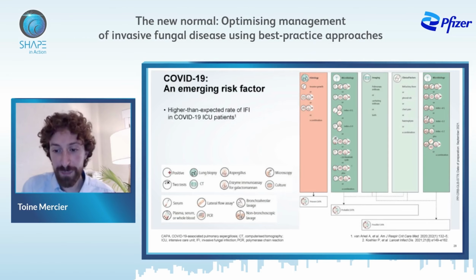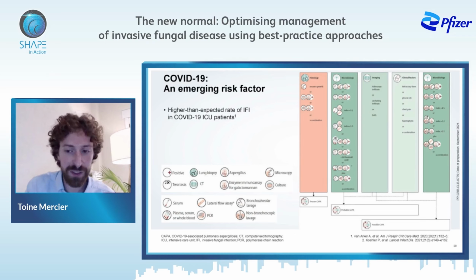Of course, in these days, it's impossible not to mention COVID-19. As with other respiratory viral infections, we see that COVID-19 is also a risk factor for invasive aspergillosis, and it has been termed CAPA, COVID-associated pulmonary aspergillosis. A few months ago, these guidelines were published as well, meant to be used both in research and in clinical routine.